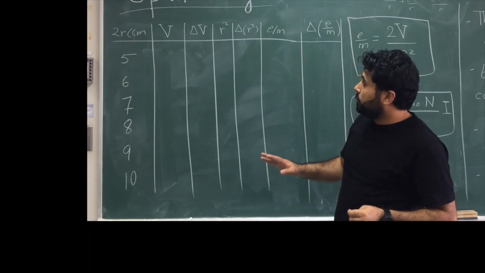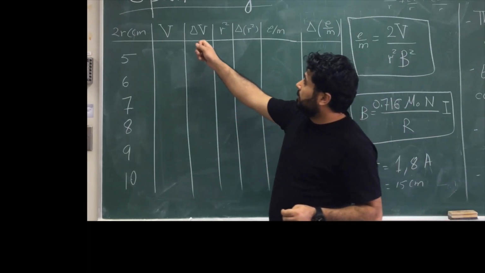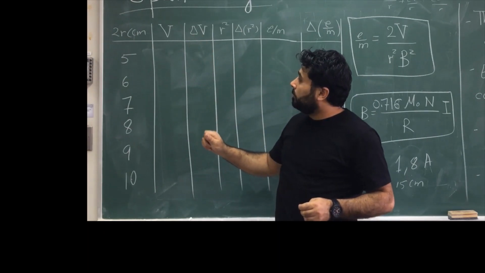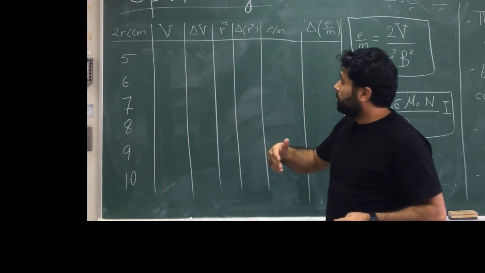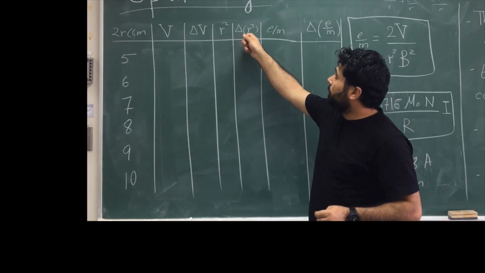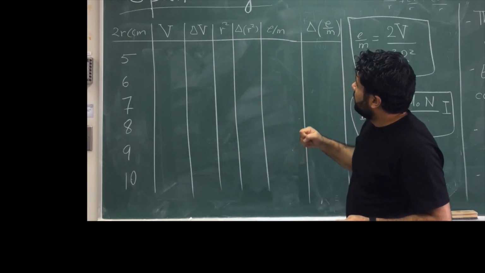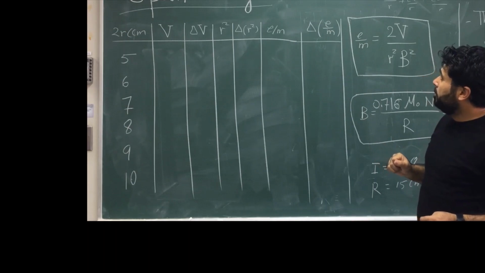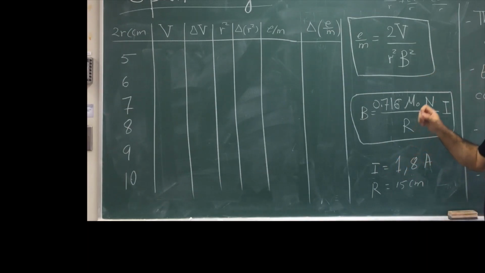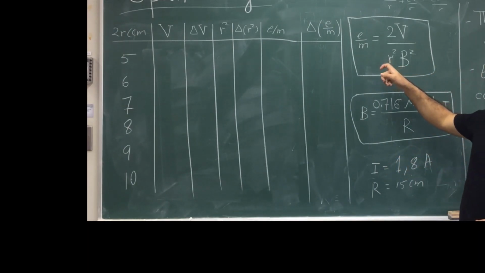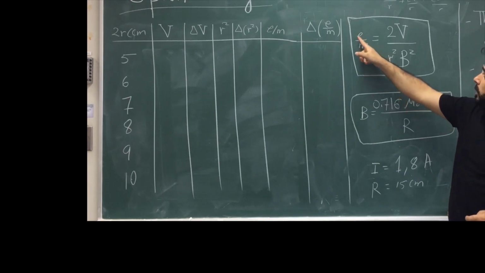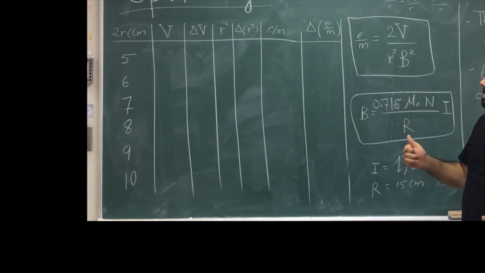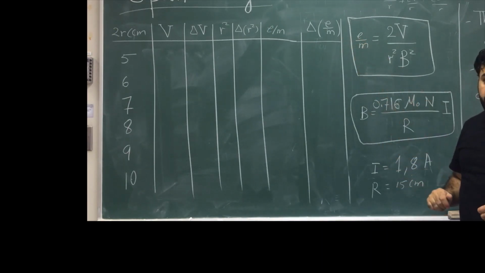At the end, it's your job to find delta V from the voltage we recorded or provided, and you will find delta of R squared. Then you will find the delta of e over m. After that, you will find the average of e over m plus or minus the delta of e over m.